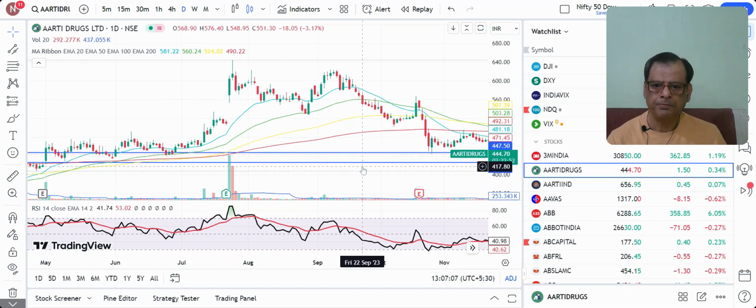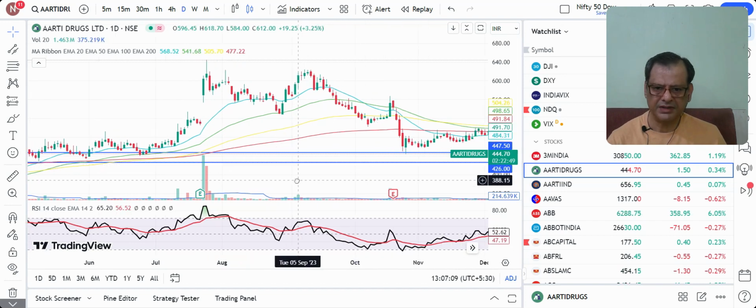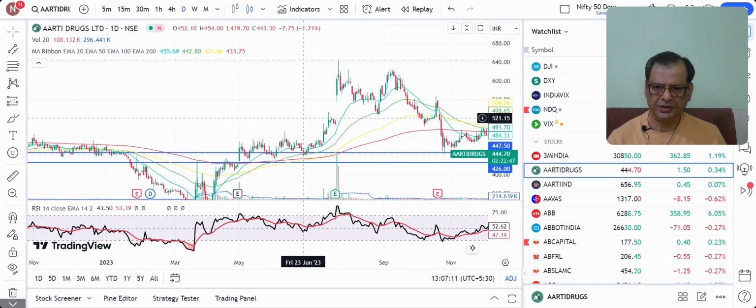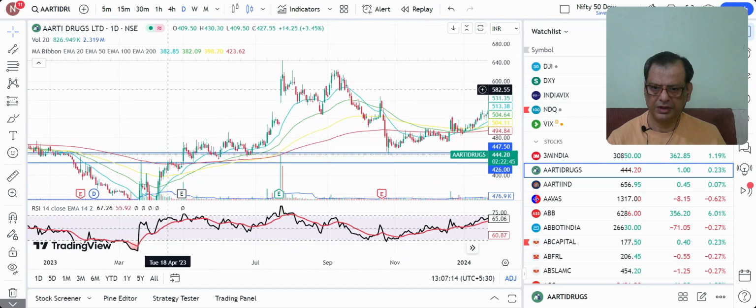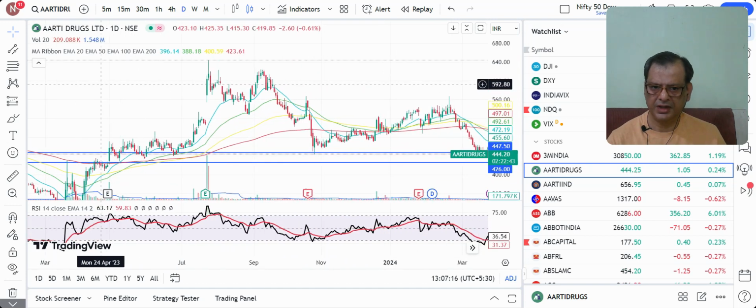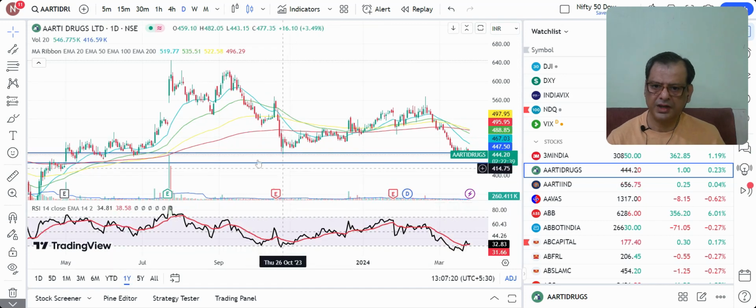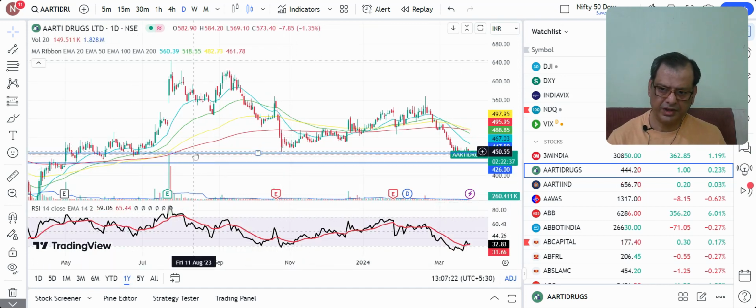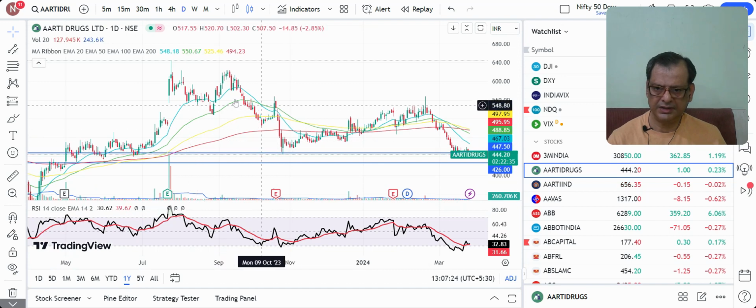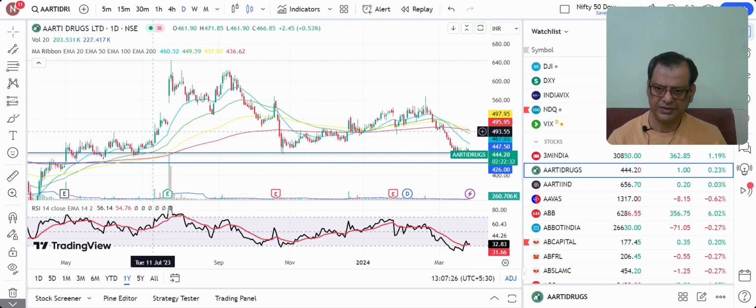Now, similarly here, I will zoom in on the chart and go to the left. If you see here, we drew it here, and let's say that we were somewhere here in July of 23.